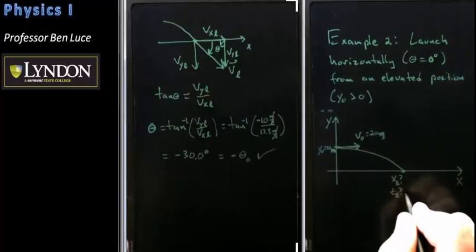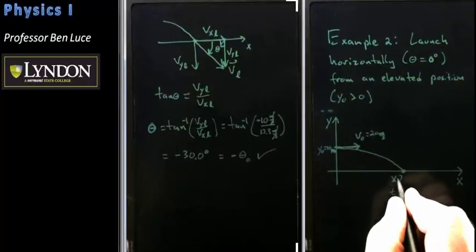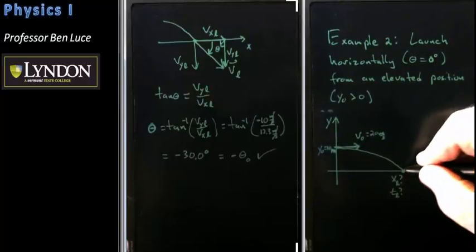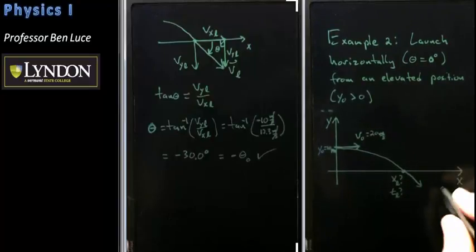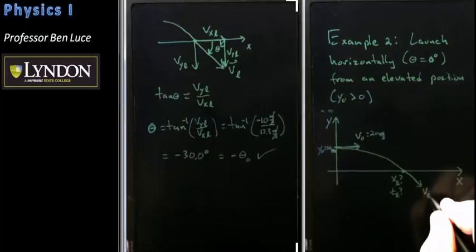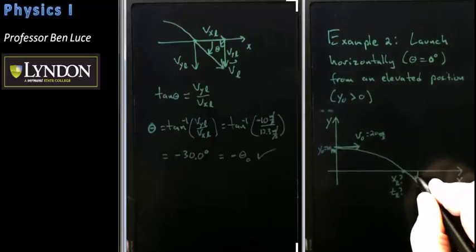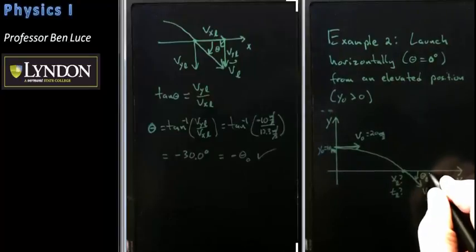What is the time of flight? So XL and TL. And we'll also ask, what is the speed with which it lands? VL. And finally, let's also compute the angle with which it lands.